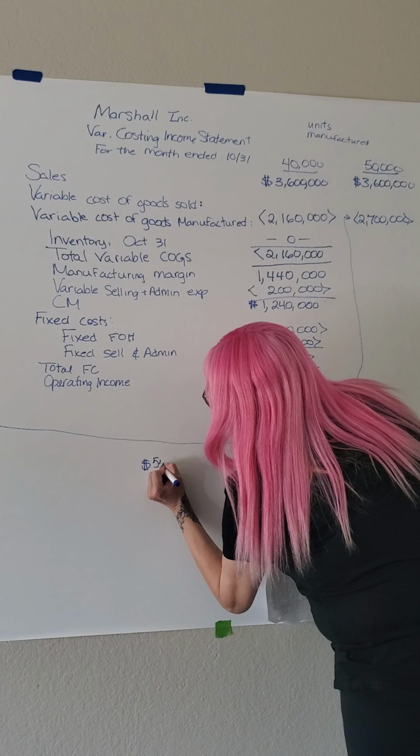And so we've got total variable cost of goods sold of $2,160,000. So once we have our total variable cost of goods sold, we can calculate out our manufacturing margin. We're going to take the $3,600,000. We're going to subtract this $2,160,000. That's going to give us a manufacturing margin of $1,440,000. From that, we're going to subtract our variable selling and administrative expenses, which they tell us over there are $200,000.